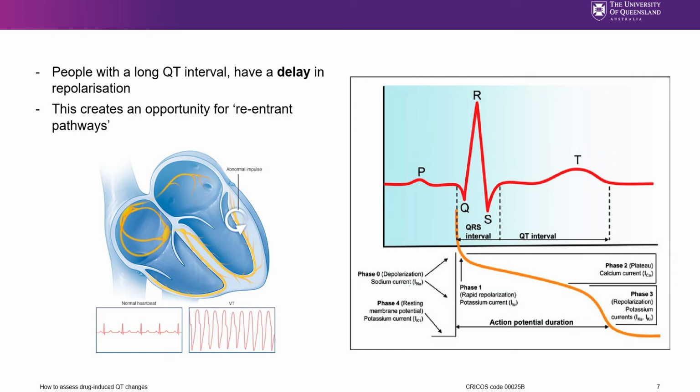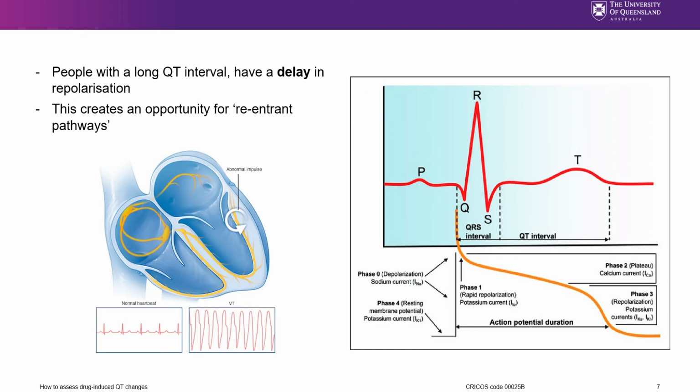So why is this important? The longer that it takes to recharge these action potentials of cardiac cells, the greater opportunity there is for what is known as a re-entrant pathway. Because of the delay in recovery time between heartbeats, this may cause the electrical impulse to travel around in loops and trigger extra heartbeats in the ventricles before the previous heartbeat was able to recharge or repolarize.